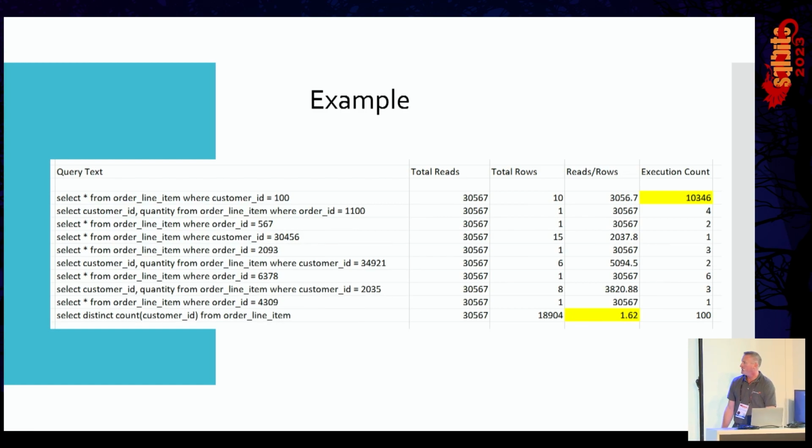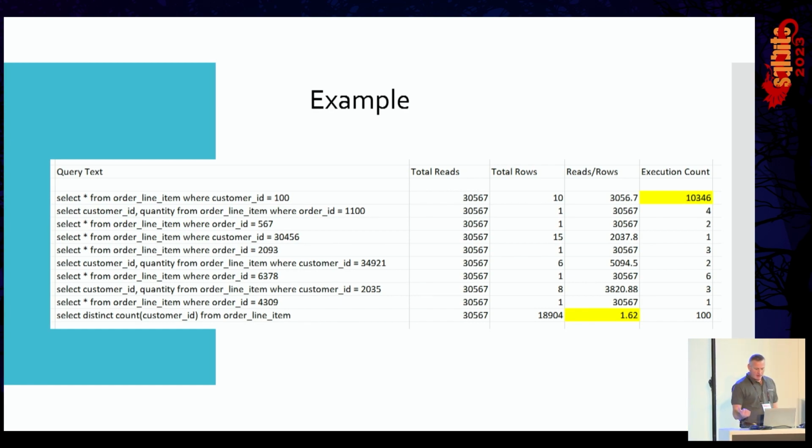Okay, an example, and this is just mock data, so bear with it, but it illustrates the point. Now that I have the data grouped by table, and you can note here they're all on order line item, notice the total reads. They're actually the same for every query that I captured, right? So number one, that's kind of telling to me.